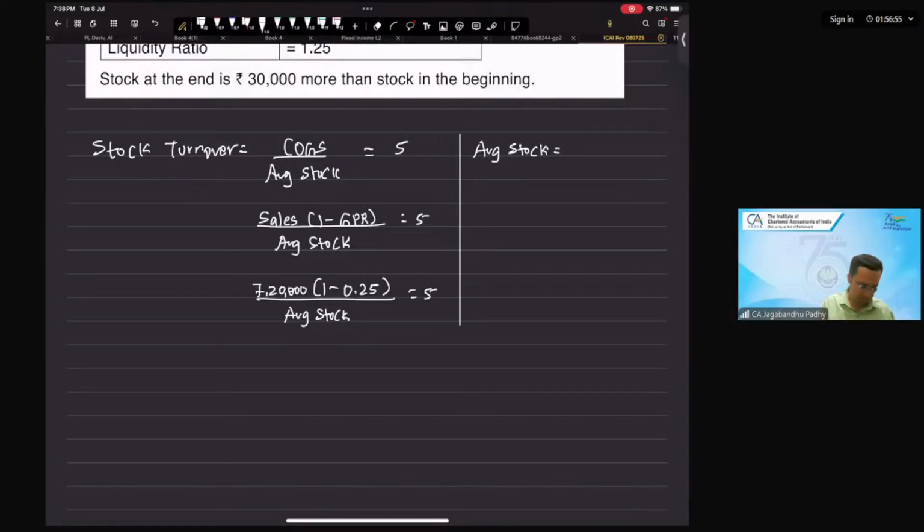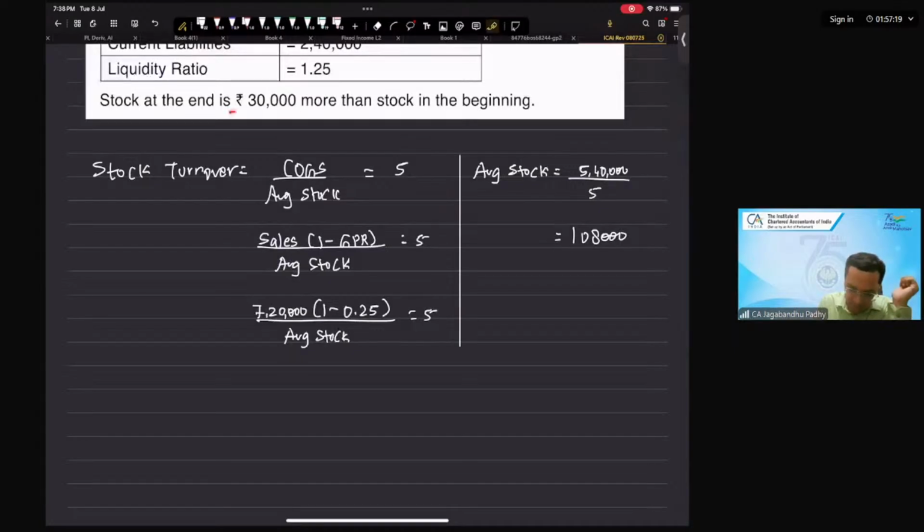7 lakh 20 into 0.75, which is 5 lakh 40,000, divided by 5, which is 1 lakh 8,000. So we got the average stock figure to be 1 lakh 8,000.